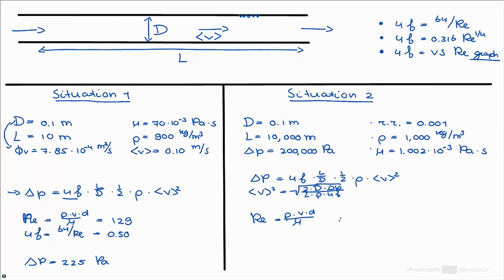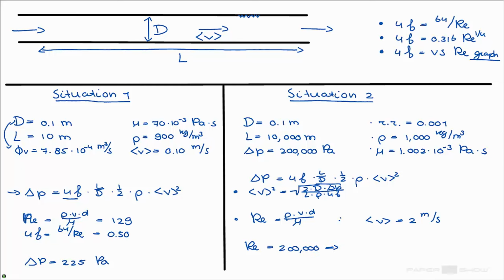And for this I'm going to take a method which is called the iteration process. I'm going to estimate a value of the velocity, and then I'm going to determine Reynolds, determine the 4F, fill it in the Fanning equation, and redo this again. If we fill in this velocity in Reynolds, we find that Reynolds is 200,000.